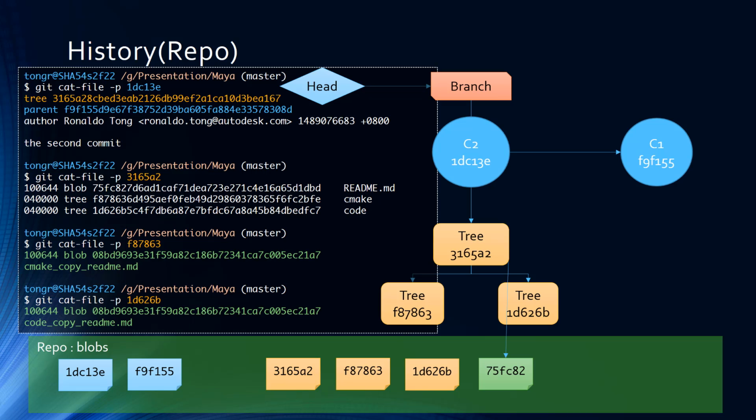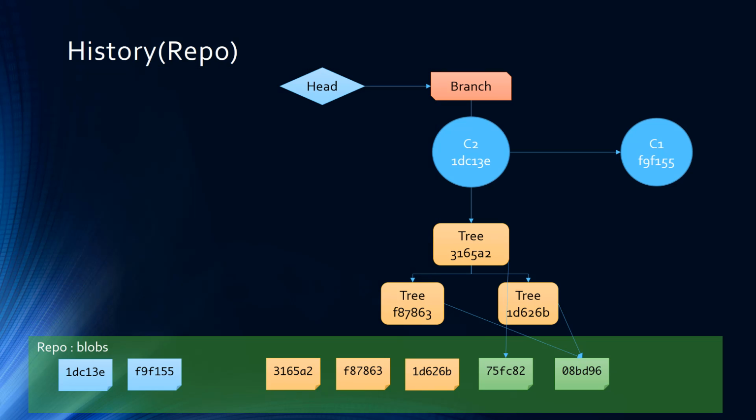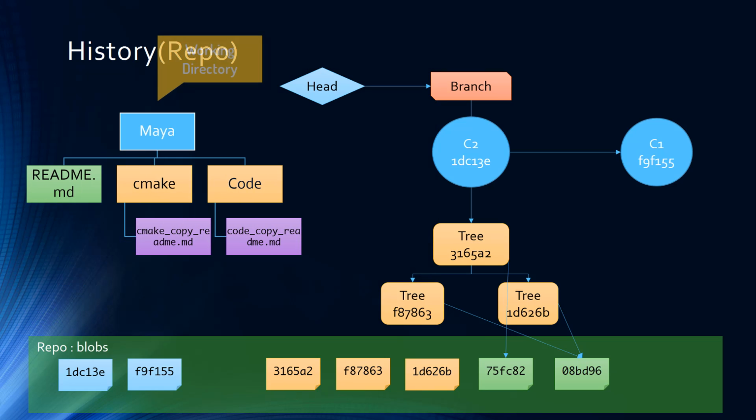Since the two files refer to the same blob, they have identical content regardless of their file names. I think you should now be able to draw the hierarchy of the working directory from the description in a commit.